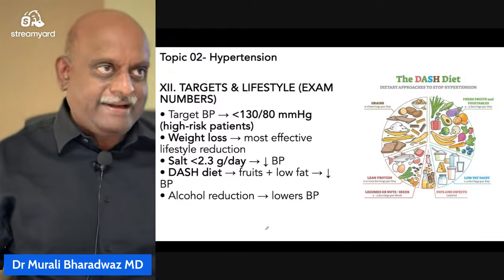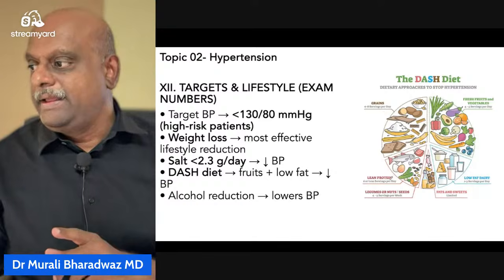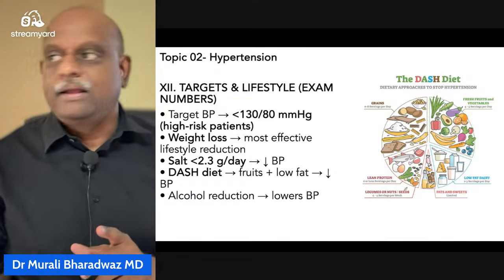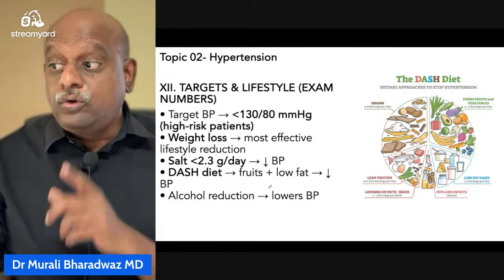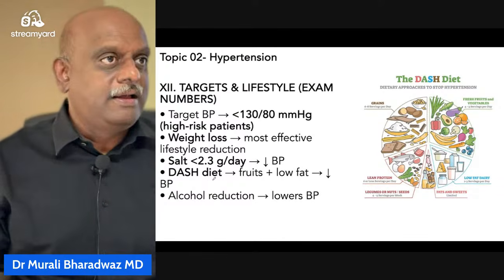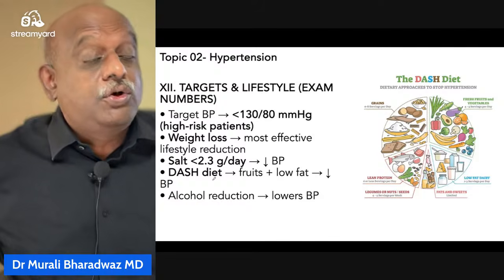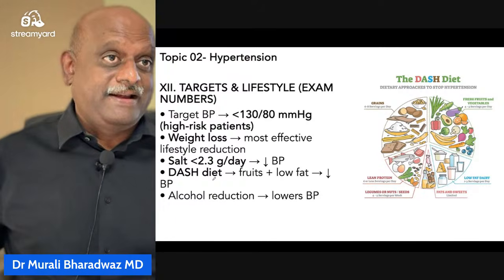Then DASH diet. What is the DASH diet? Typically grains, lean protein, legumes, fresh fruits. So fruits plus low fat will decrease the BP, which is called DASH diet. And next, you have to tell the drinkers, reduce the drinking. Right?